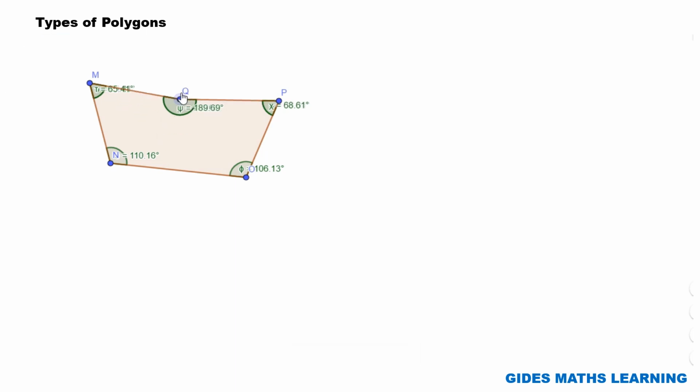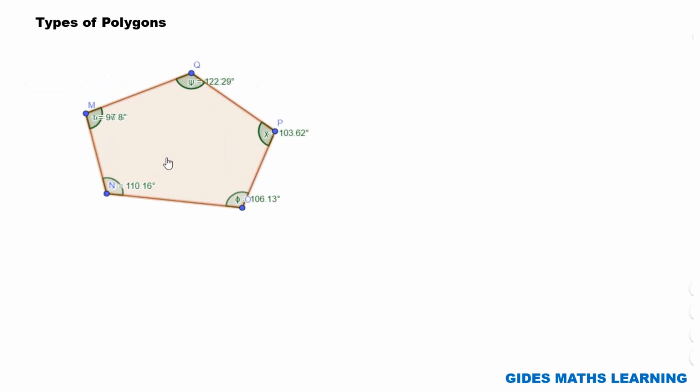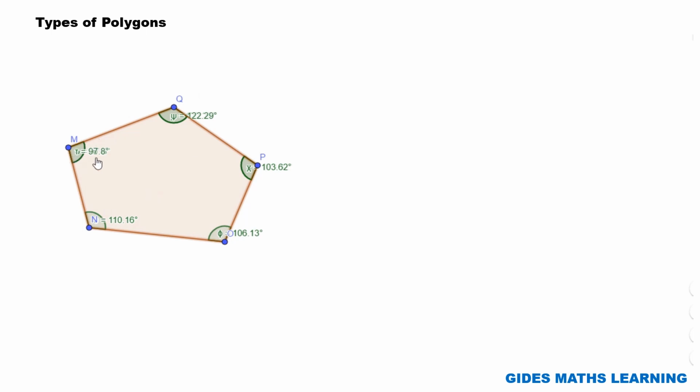Now the same polygon, we can also turn it into a convex polygon. Now you see that none of the interior angles is 180 degrees or more.